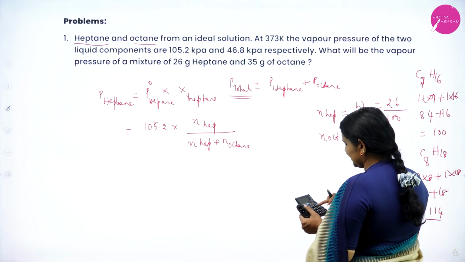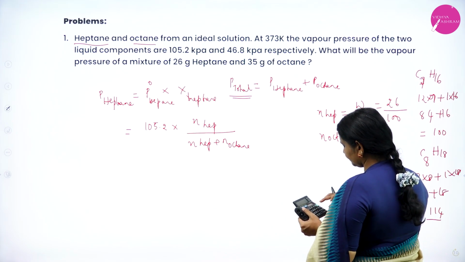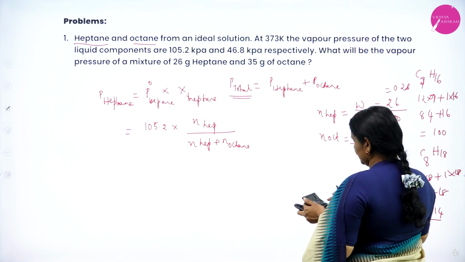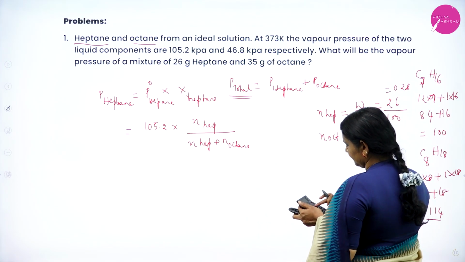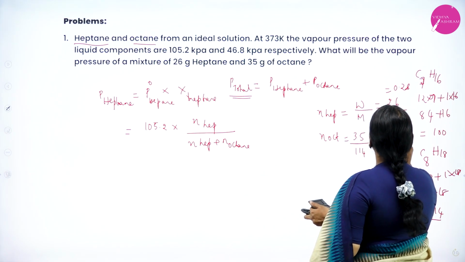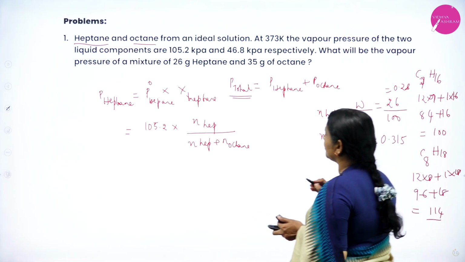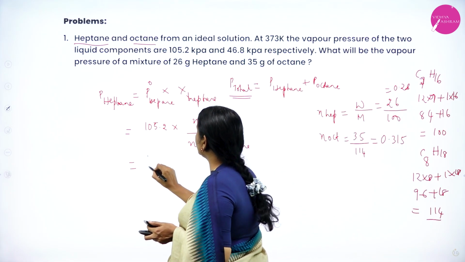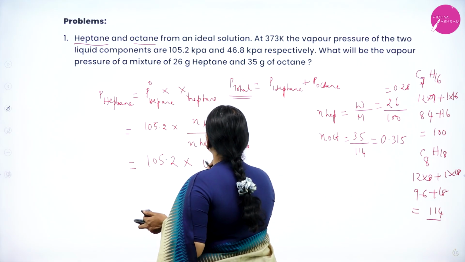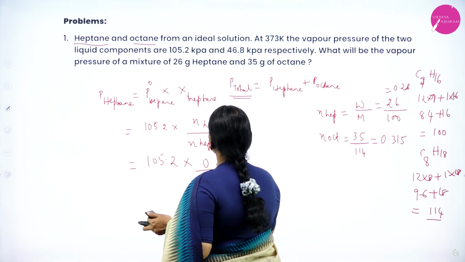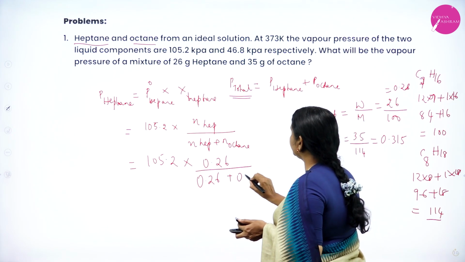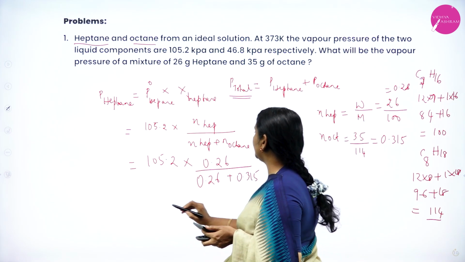If it is 26 by 114, it is 0.26, and 35 by 114, it is 0.315. Therefore, you substitute here. This is 105.2 into number of moles of heptane, 0.26, plus number of moles of octane, 0.315.